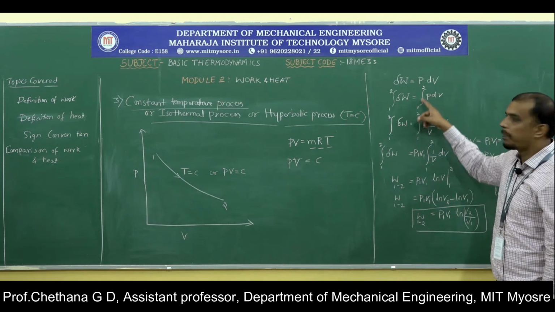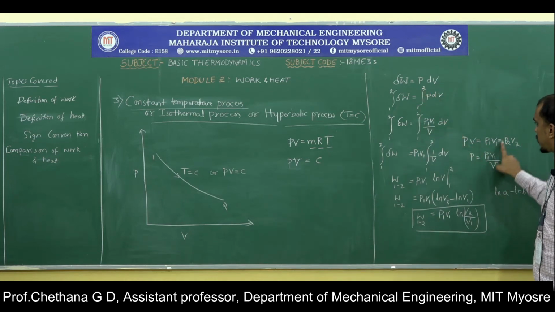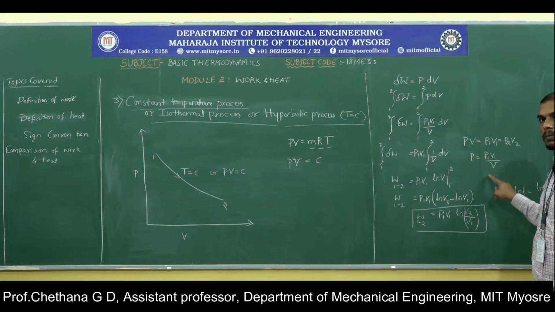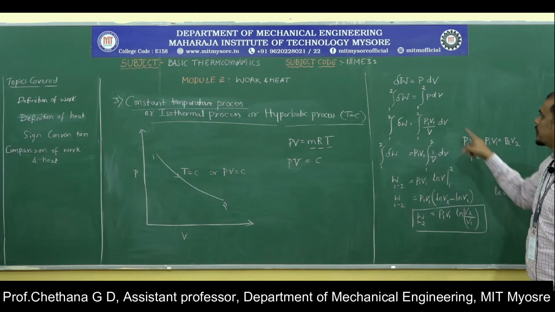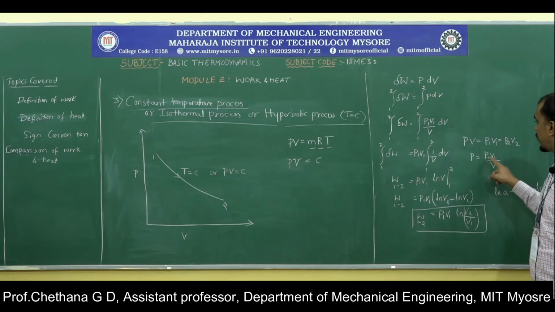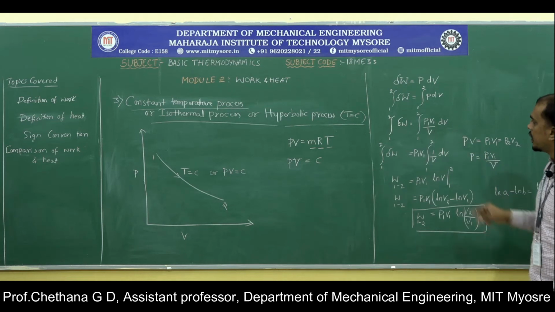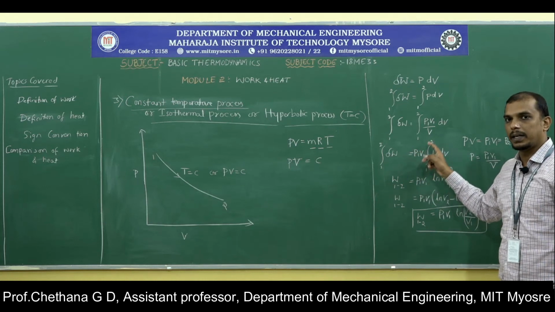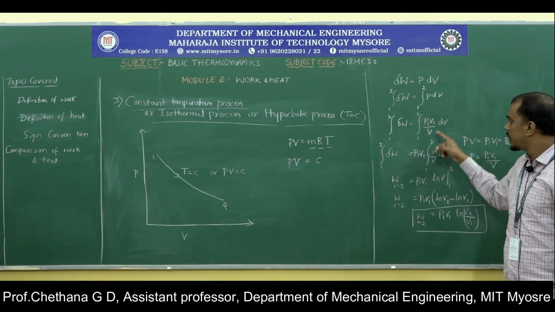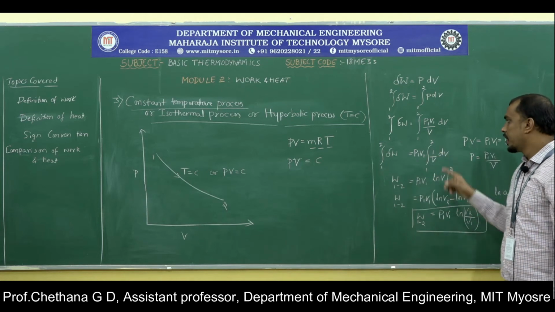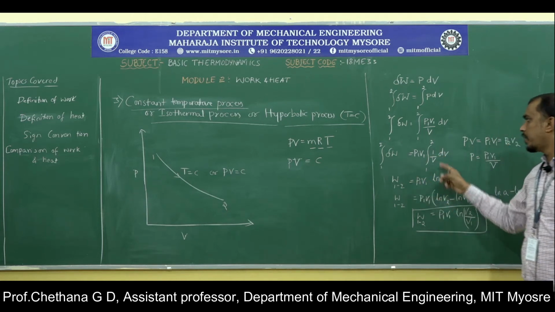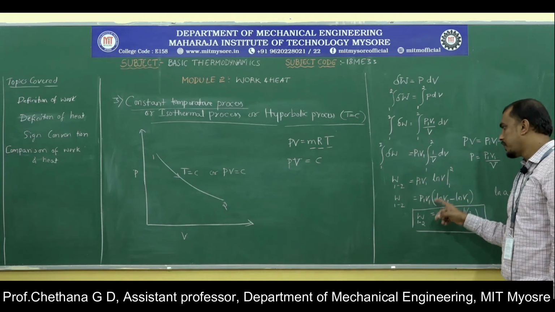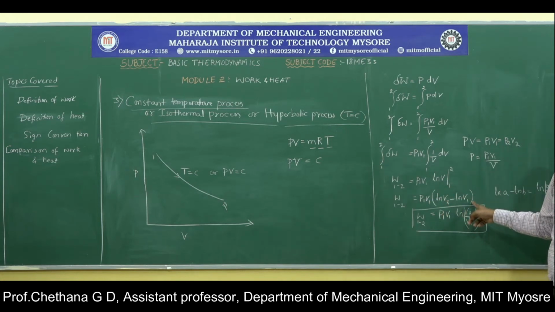But what we have is P. So we will take this part of the equation, PV is equal to P1 V1, solve it for P, what we get is P1 V1 by V. Then substitute it in place of P, P1 V1 by V, then we can integrate it. Now P1 V1 is constant, take it out of the integration limits, then what we will have is 1 by V dV, where integration of 1 by V is ln V, put the integration limits 1 to 2, then P1 V1 (ln V2 minus ln V1).